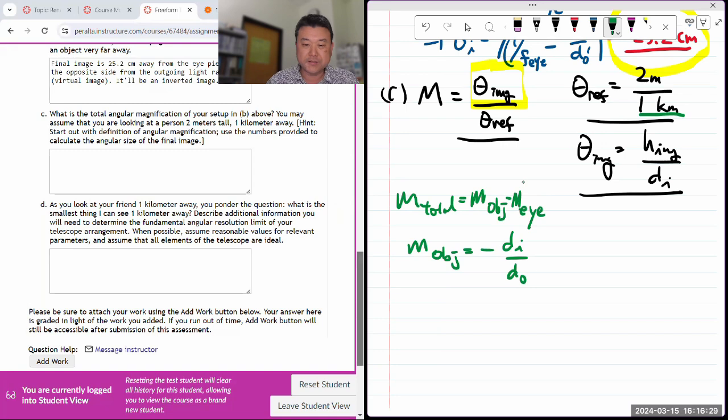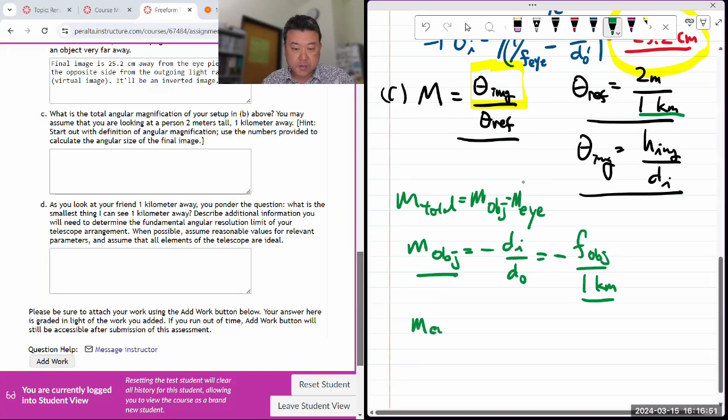I don't want to deal with the zeros. So it's going to be minus, and I can keep the di as basically the focal length of the objective. And do, instead of being infinity, will be 1 kilometer. So I can get some numerical value for the magnification of the objective lens. And then the magnification of the eyepiece will be minus di prime over do prime.